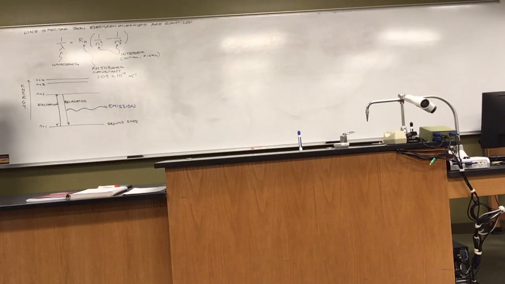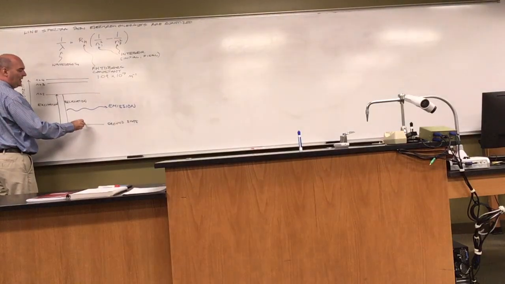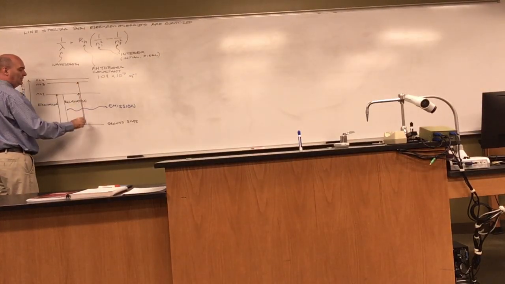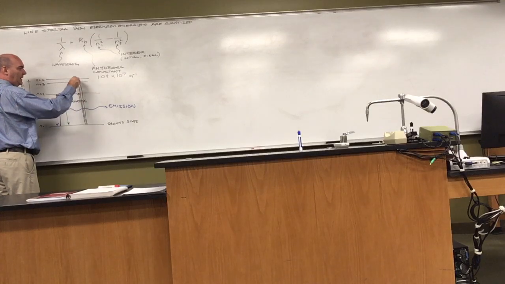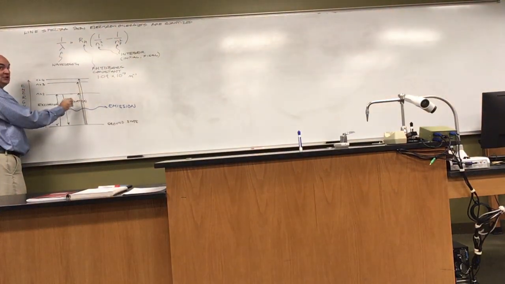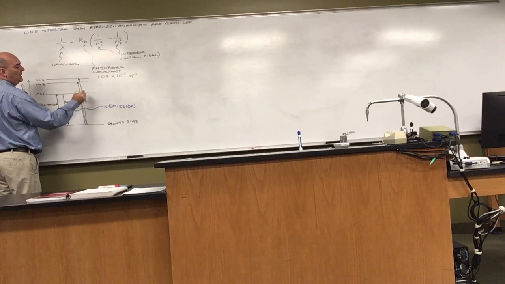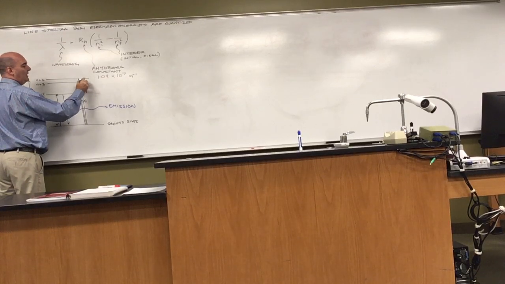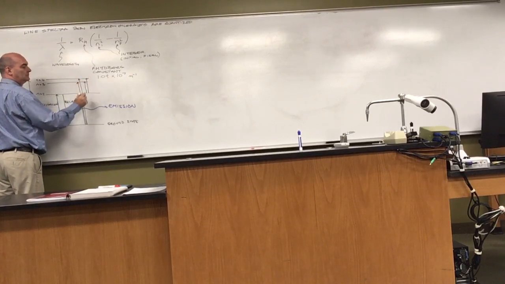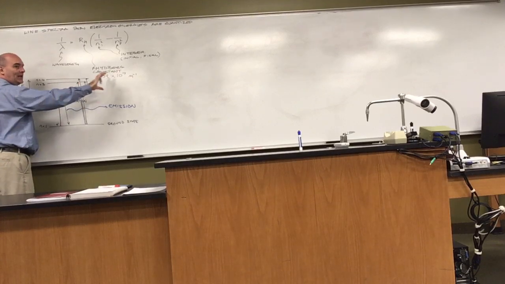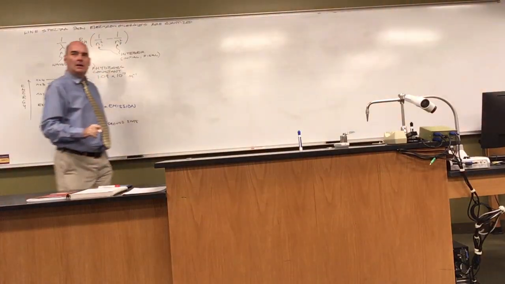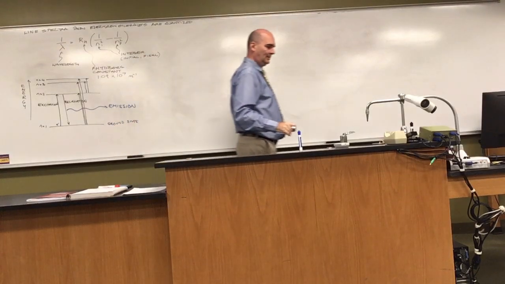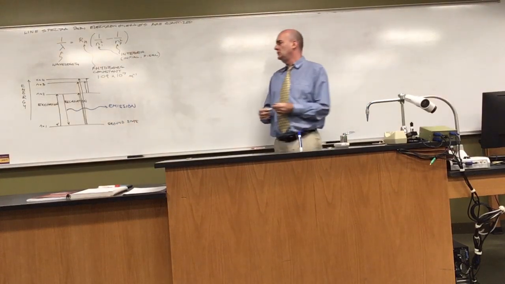And it gives our line spectrum something that's characteristic to them. Because I'm allowed to go from here to here. I'm allowed to go from here to here. And so I see those energies given back out. And then I also see things like I'm allowed to go from here to here. So there's another set of lines that are completely different color in the spectrum that you can sometimes see.